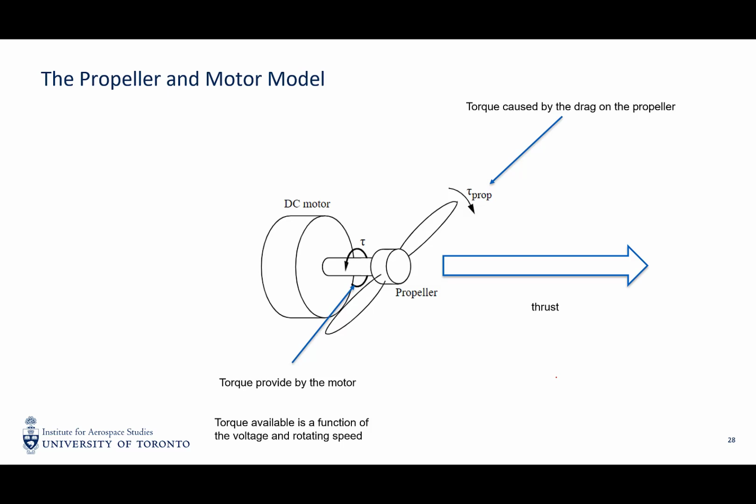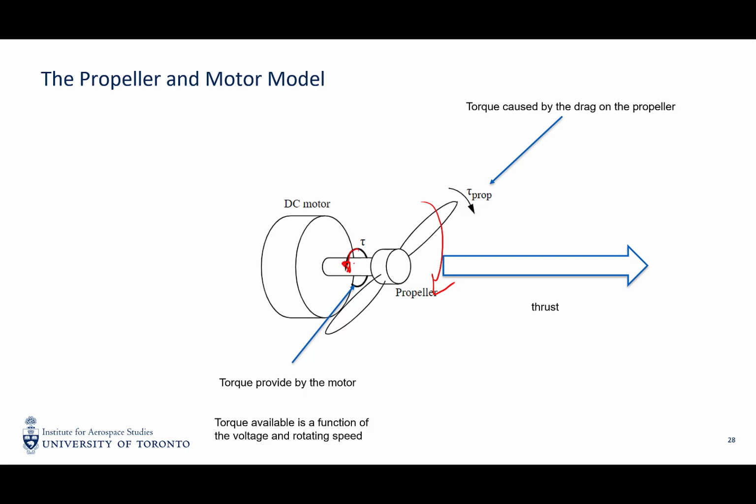So I will also go over some modeling of the propeller and motor model, because the main actuation is from the propeller thrust. So a propeller rotates to generate the thrust, right? It is powered by a motor, a brushless or brush motor.